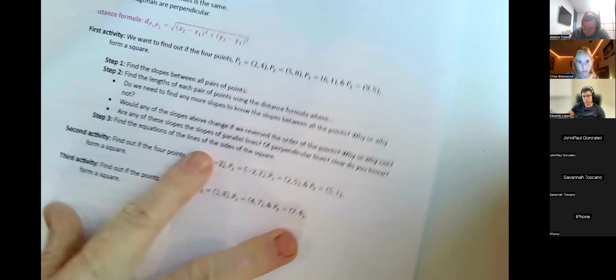And 7, 4. Actually, let's do the second one together. So let's go to the second page. Let's do activity 2 together, and then y'all will do 1 and 3.